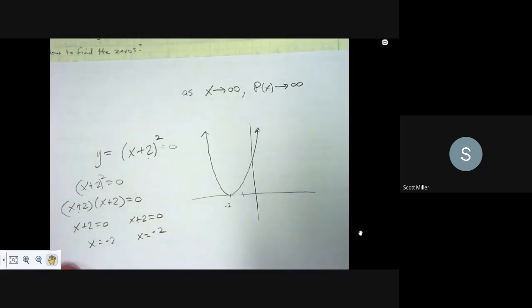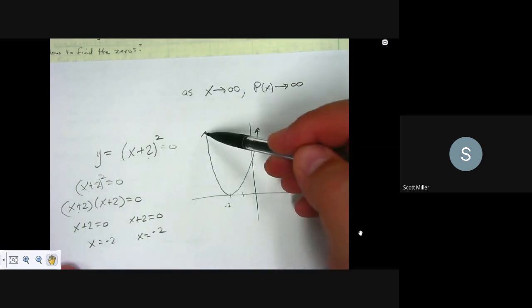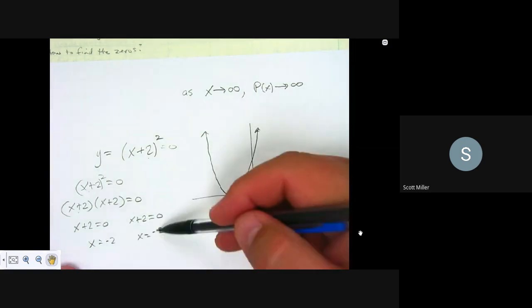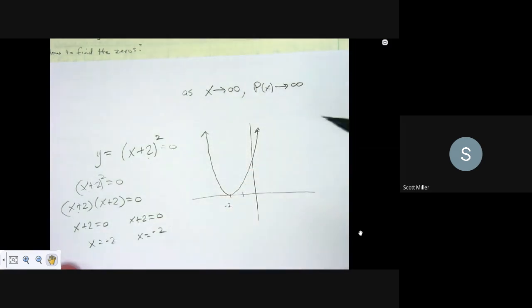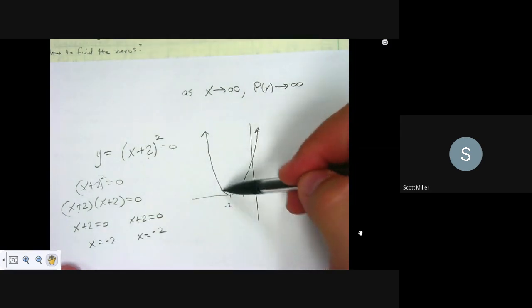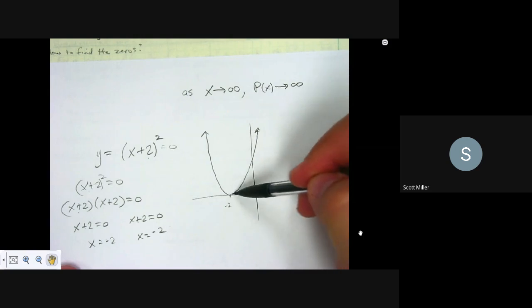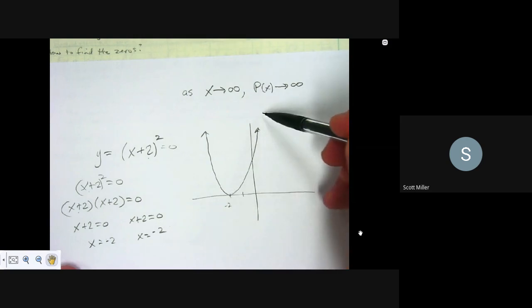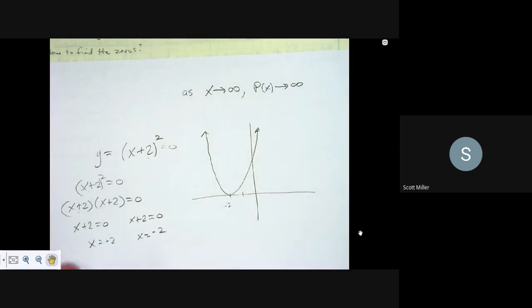So when I look at a polynomial and I want to know if it has a repeated 0, look at the behavior. Since there are 2 answers that are repeated, that's even, you'll notice that the graph touches at negative 2 and then turns around and goes back up. This is what happens with repeated zeros that repeat an even number of times.